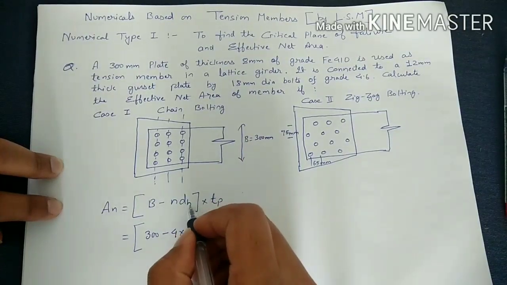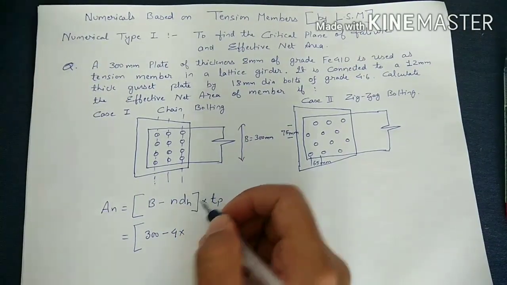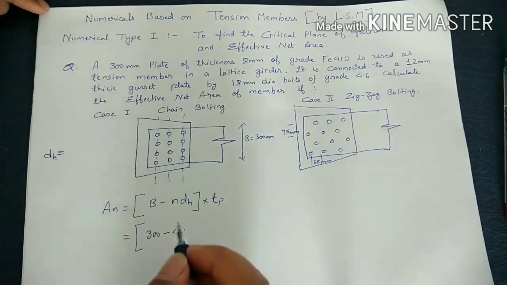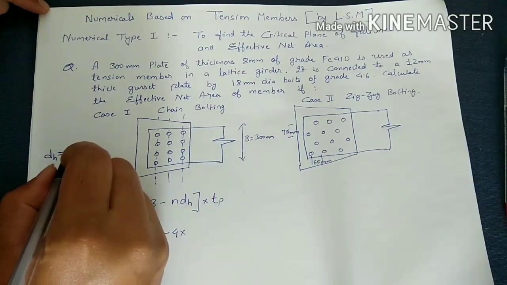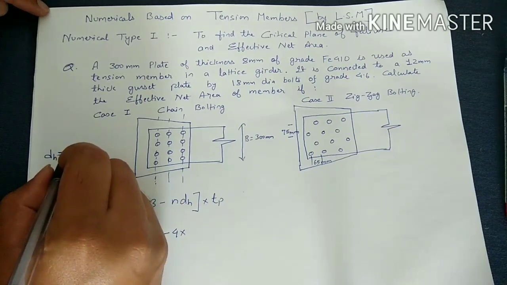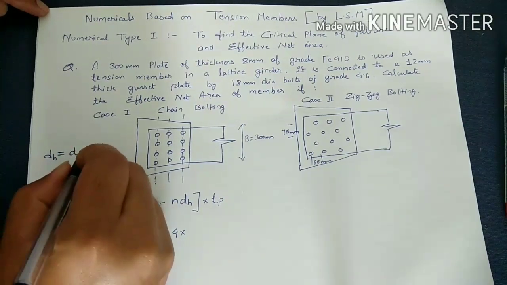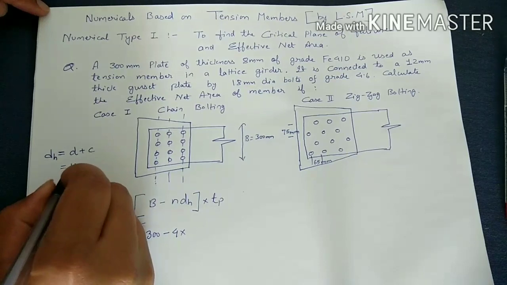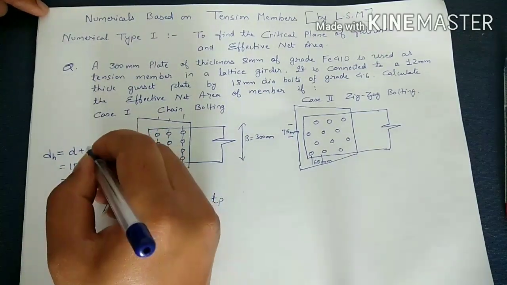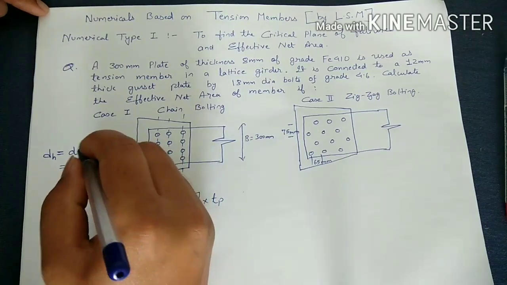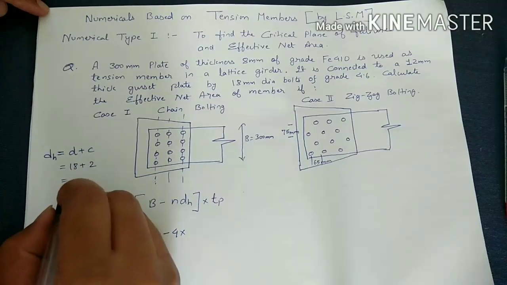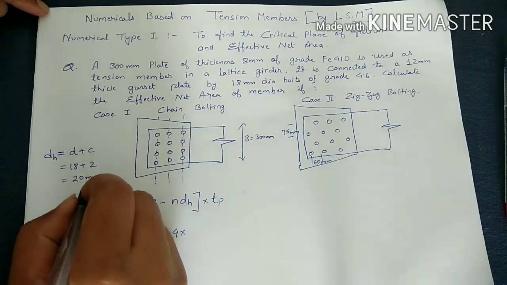into DH. What is DH? DH is dia of hole, and it is calculated by adding clearance to the original dia of the bolt, that is nominal dia of the bolt plus clearance. So 18 plus 2. If you have to know about the clearance, you can refer to the IS code. 18 plus 2, that is 20 mm.